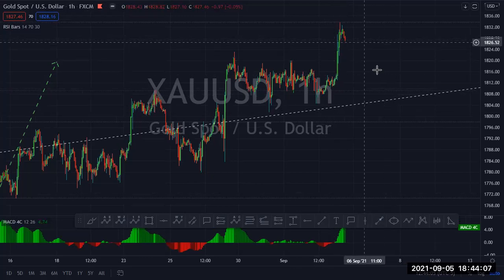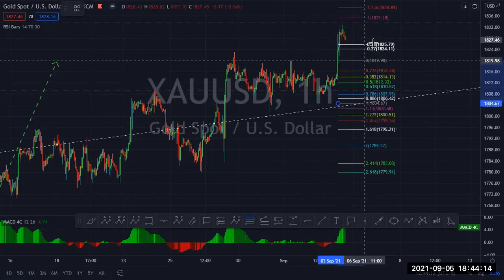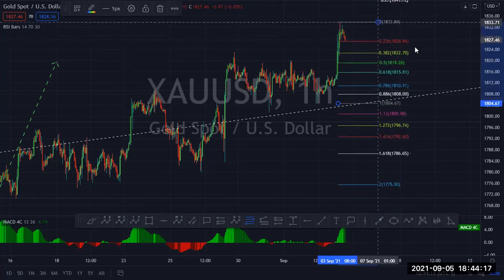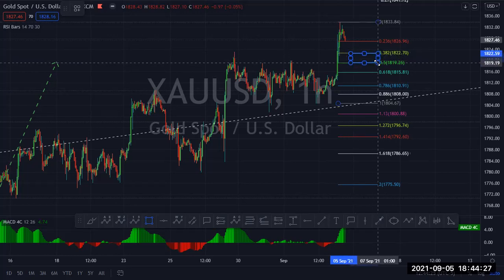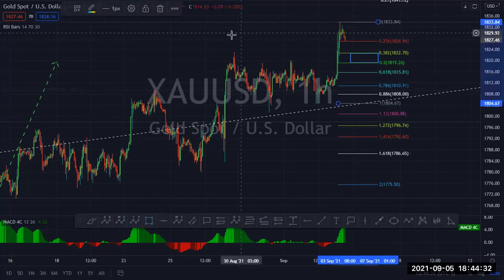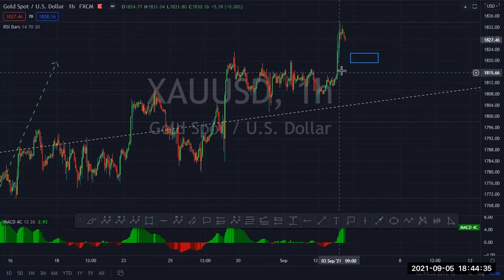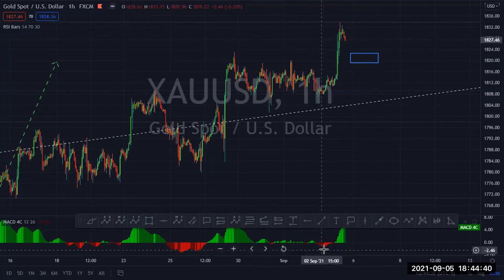Now, in my opinion, this is my thinking: gold will give us a correction between 50% and 38.2. Once we get this, we begin to look for a buy entry, to join the buyers. So this is what I'm looking at.